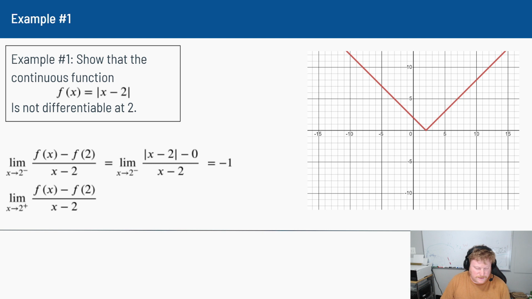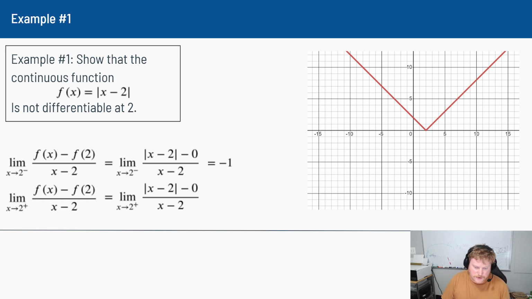Now let's look at this coming from the right side. For the limit as x approaches 2 from the right, the numerator is still always positive because of the absolute value, but the denominator now is also positive because we're considering values of x coming from the right, like 2.01, 2.001, 2.0001.